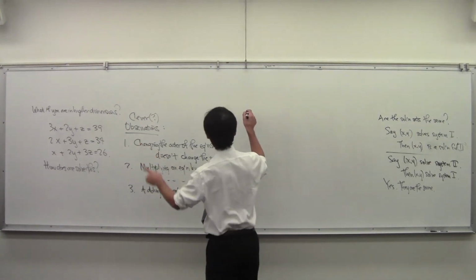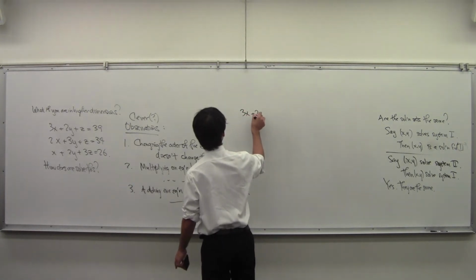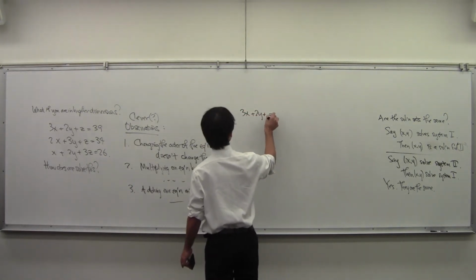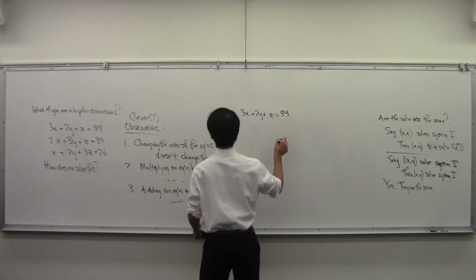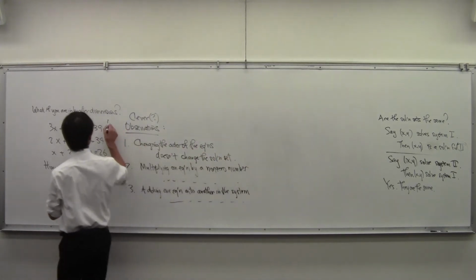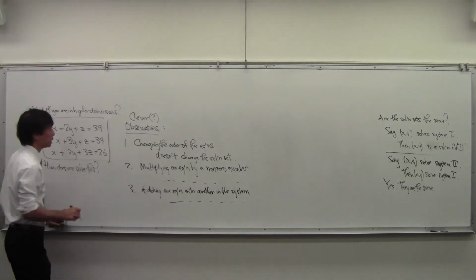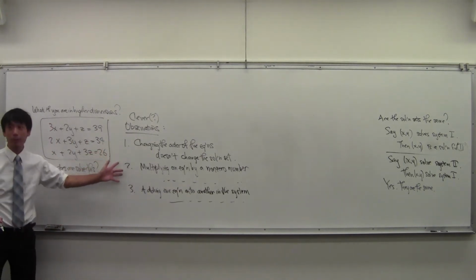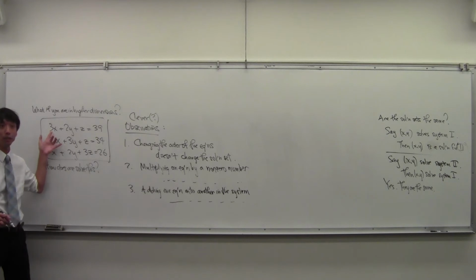Okay. So we've got this thing here: 3x plus 2y plus z equals 39. Right? We have this system here, right? And what we're going to do is use these 3 observations to change the system.